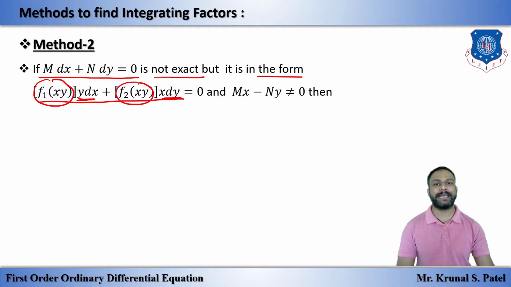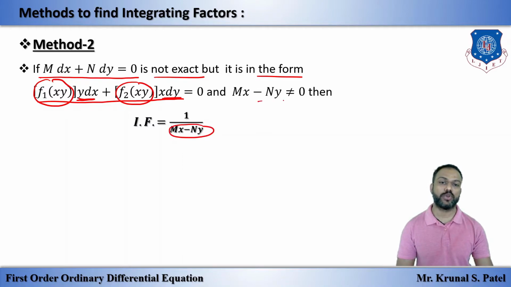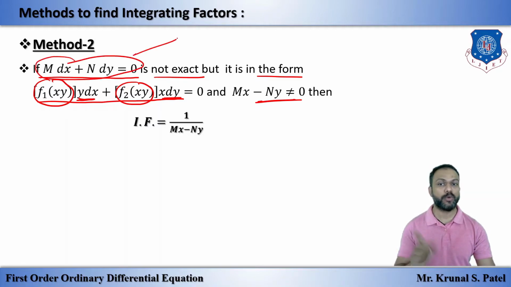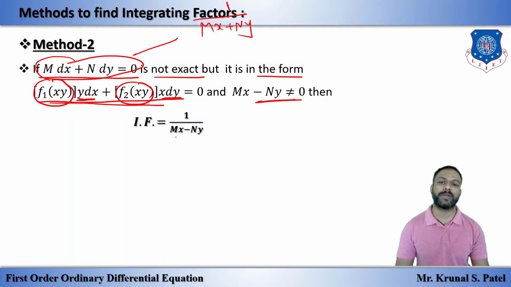Then we will find IF as 1 upon Mx minus Ny, and we know that Mx minus Ny should not be 0. I am taking just two methods in this lecture because we have to remember: if the given differential equation is not exact and it is homogeneous, then 1 upon Mx plus Ny is IF, and if it is not exact but in this form, then 1 upon Mx minus Ny.